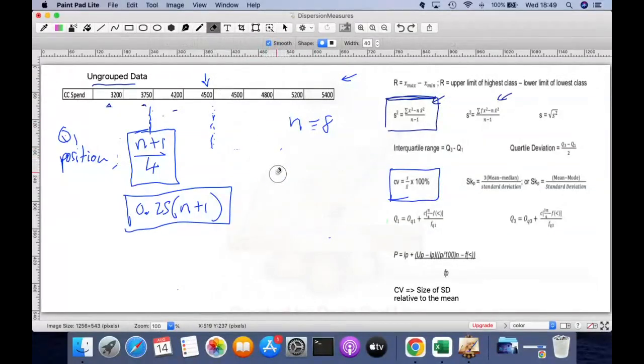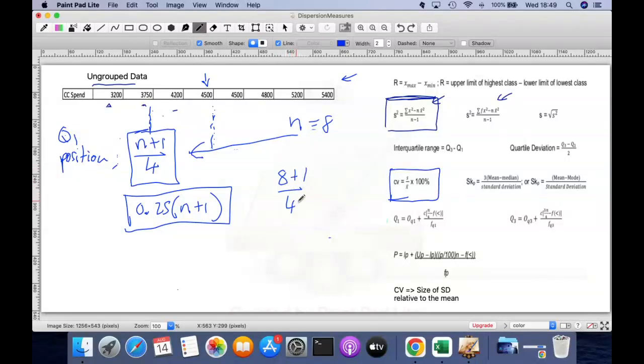All we need to do is plug that 8 into the formula. So it's 8 plus 1 all over 4, which gives you a value of 2.25. That's just the position.